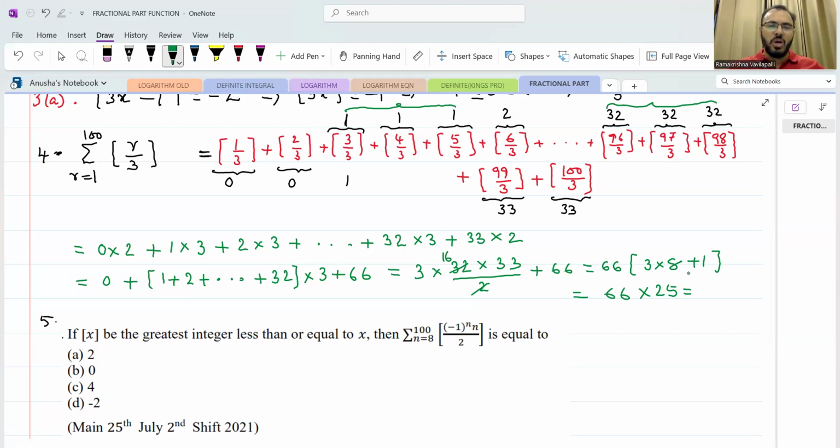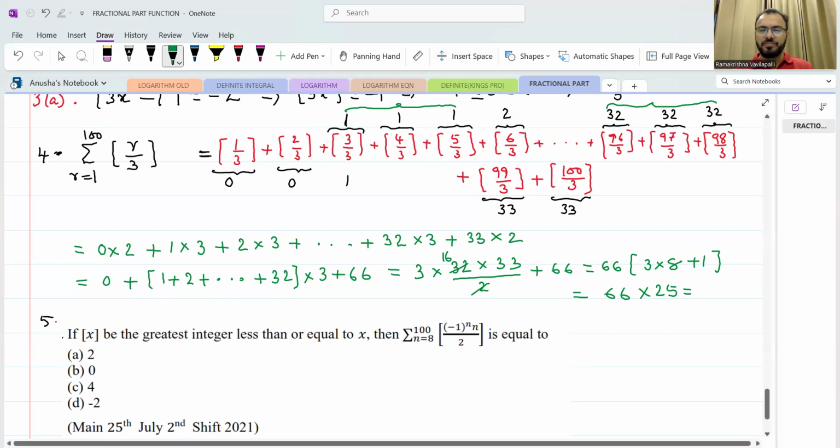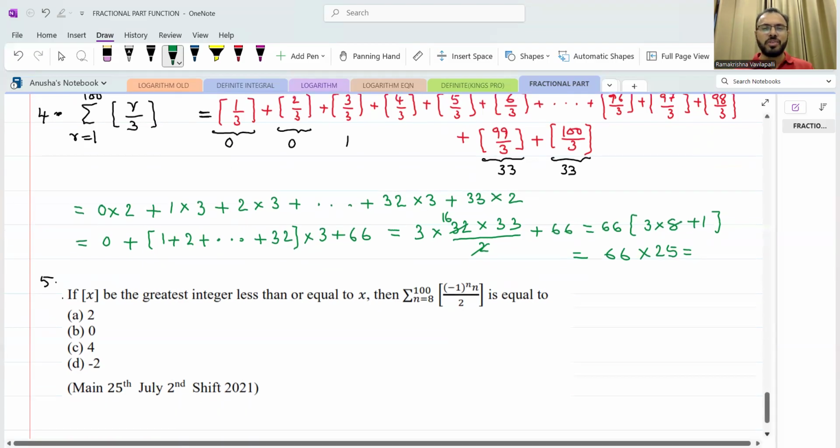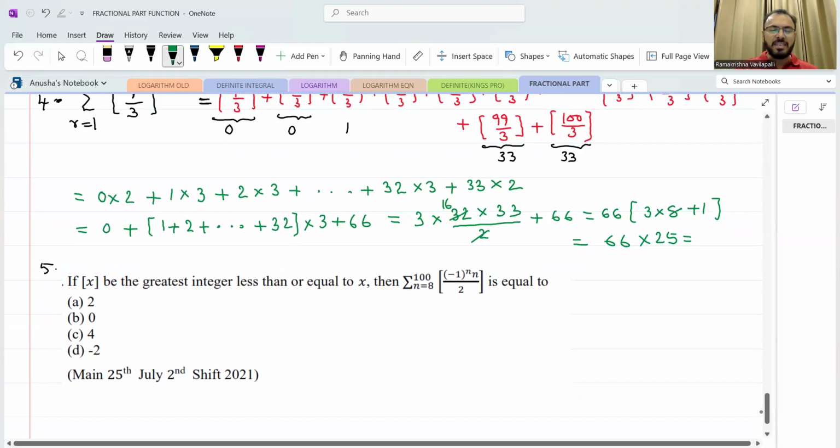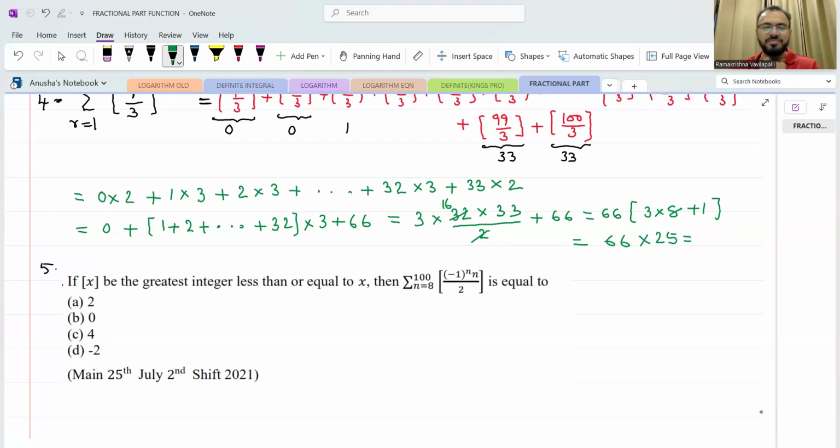Now, I'm going to explain one previous JEE Mains question with alternate series inside the greatest integer. The previous example was without alternate terms. This also you can solve if you write term by term and observe.